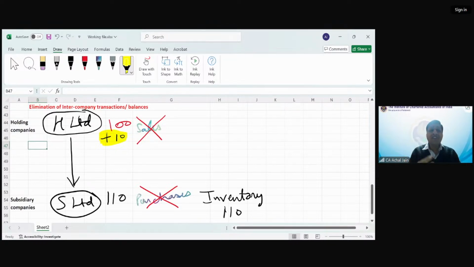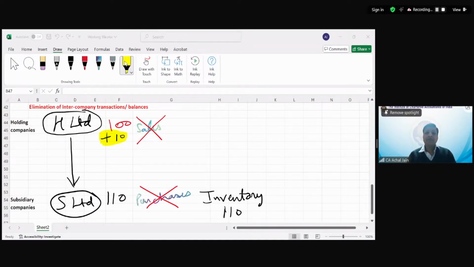If no such sale had taken place from H to S, and the consolidated balance sheet of these two companies would have been prepared, at what amount would this inventory have been recorded? Larry, Hardik, Anil are saying 100.